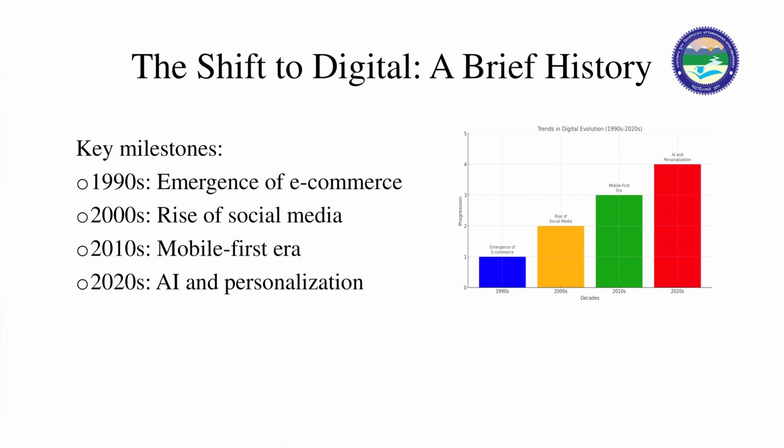And the last one is 2020s. This era is known as an artificial intelligence era. The transition from traditional system to digital technology has been a transformative process that has reshaped industries, lifestyle, and the global economy.